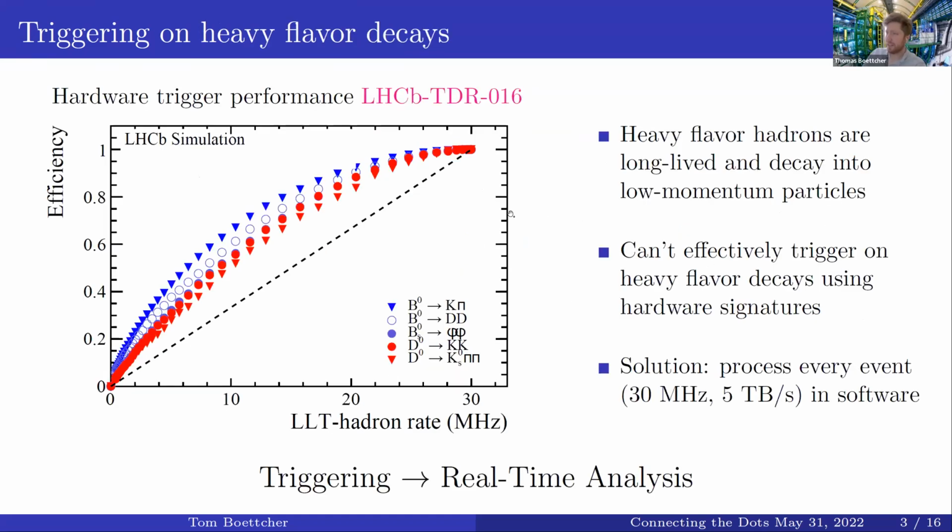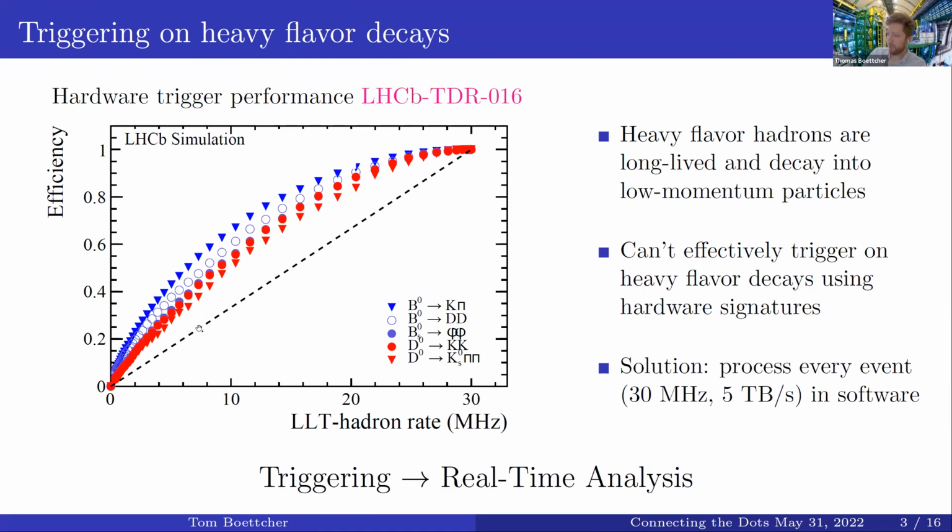You can see that in this plot on the left. This shows the hypothetical performance in Run 3 of what we call a low-level hadron trigger. This will select events just based on the presence of a single high energy hadron in the event, or a high pT hadron.